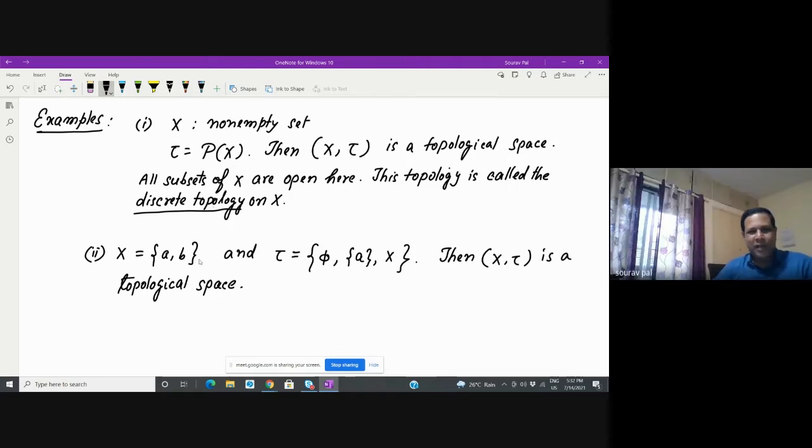So this is another topological space, and we shall see examples of Euclidean spaces. For example, the real line with the Euclidean topology. We shall come to it in detail. I am just writing it here, but we shall study them in detail later.